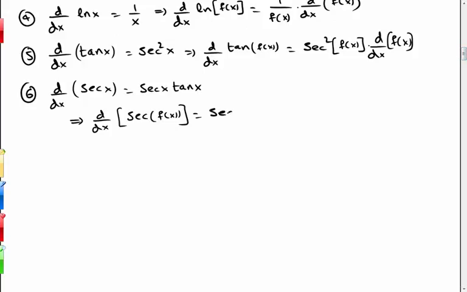That's what we've been doing. Secant of f of x times tangent of f of x times f prime of x, or d/dx of f of x. Guess what? You just learned the chain rule.